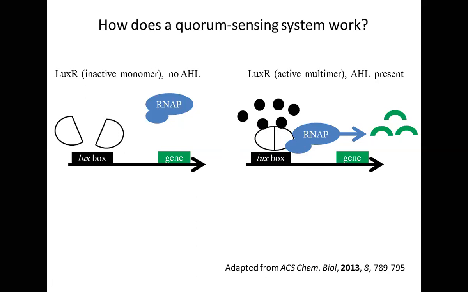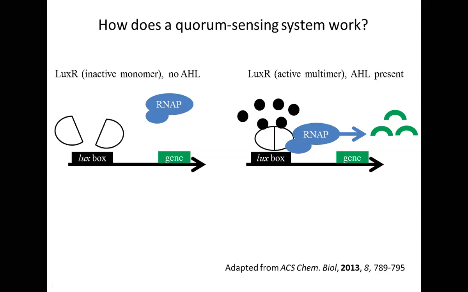That's just a little piece of DNA that basically says, okay, this is your target, you Lux-R protein. The RNA polymerase is then recruited, which is to say it is brought in by this protein multimer. You get the production of RNA of this gene of interest, and then once again downstream processes are what allow you to make the gene of interest.